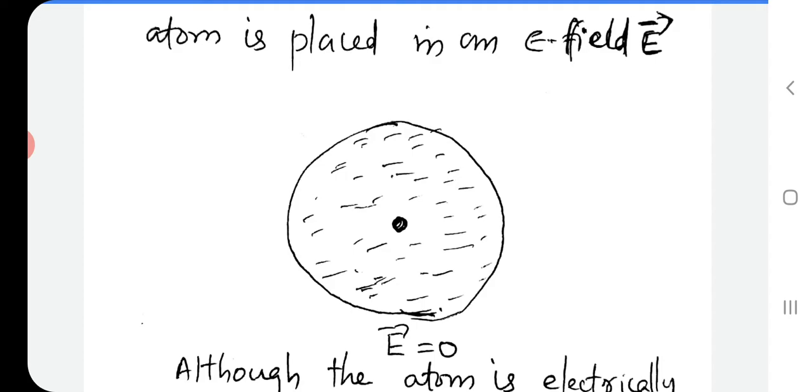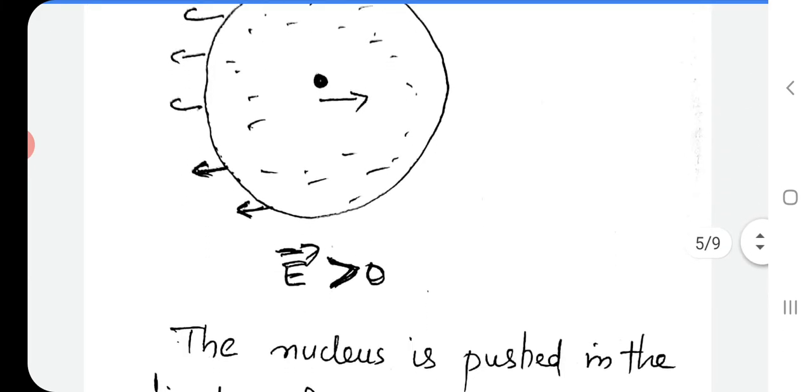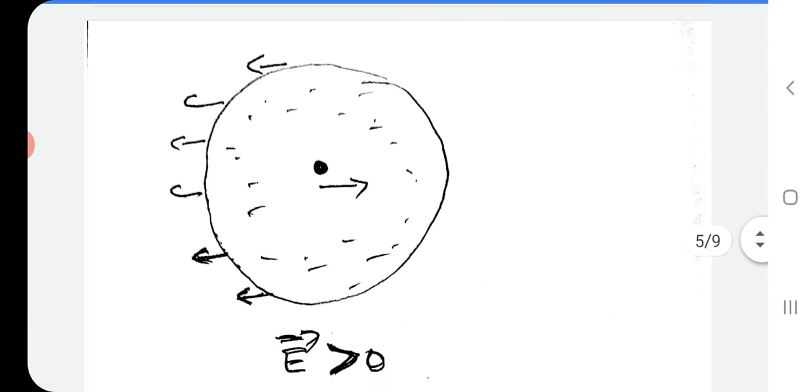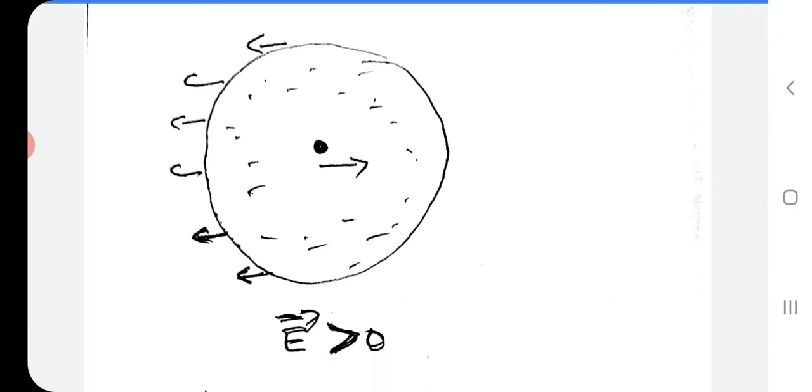And when there is no electric field, the positively charged nucleus and the center of the negatively charged electron cloud both coincide. Now, if it is placed in an electric field, the electric field is not equal to zero now.